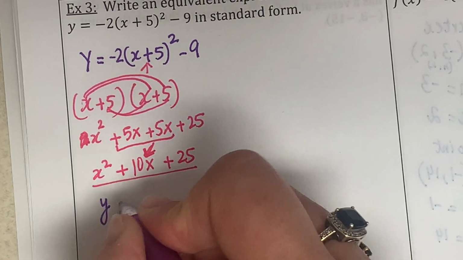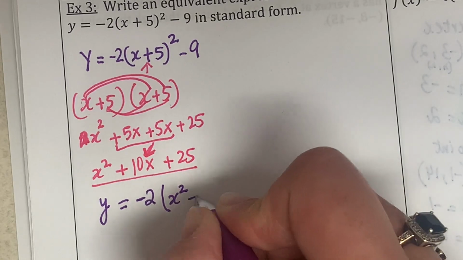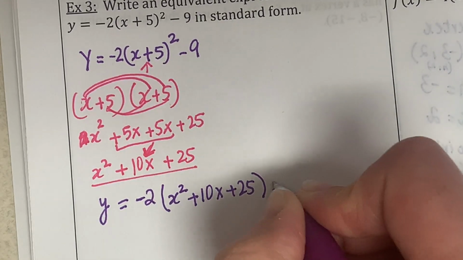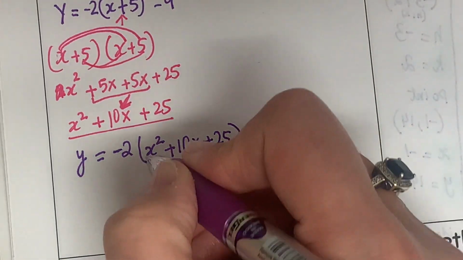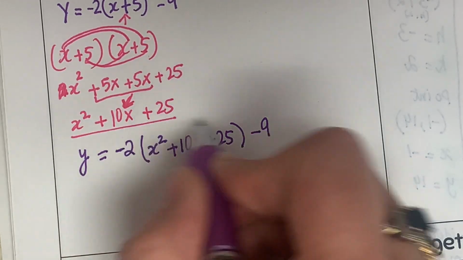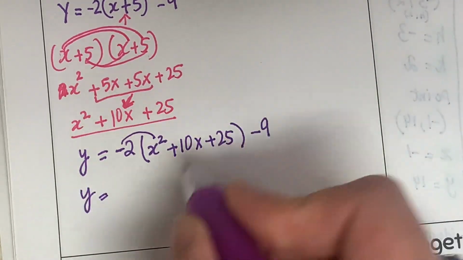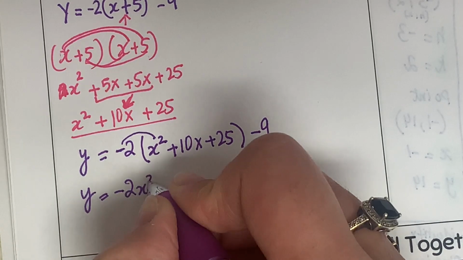So y equals negative 2 times (x squared plus 10x plus 25) minus 9. Now you have an outside number that needs to be multiplied by these terms, so you're just going to multiply that. Negative 2 times x squared is negative 2x squared.